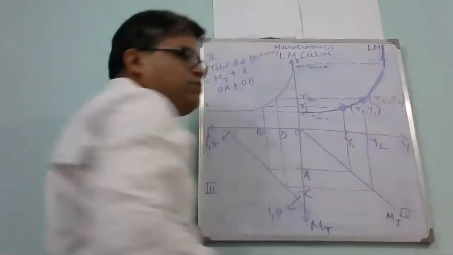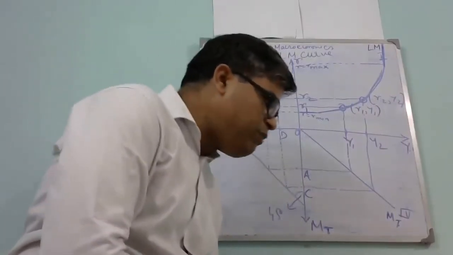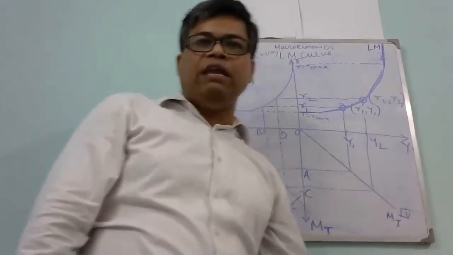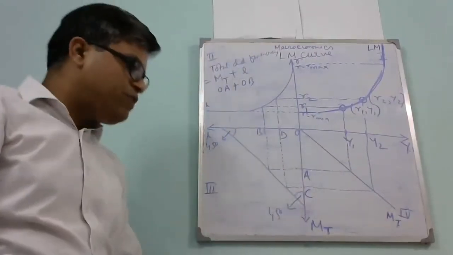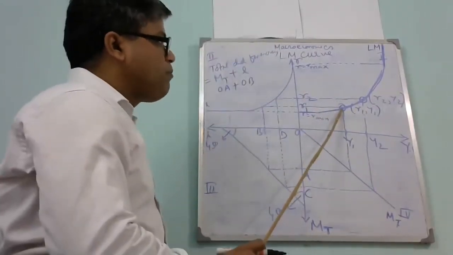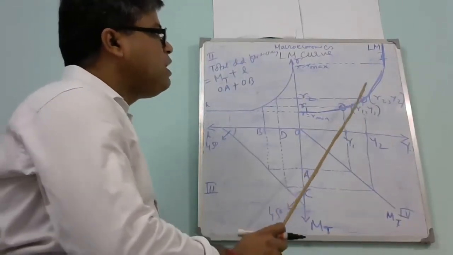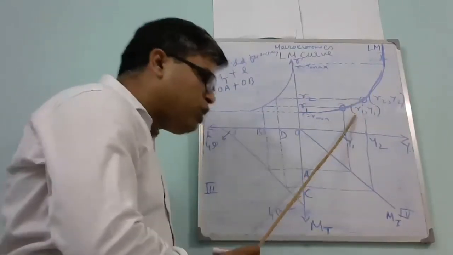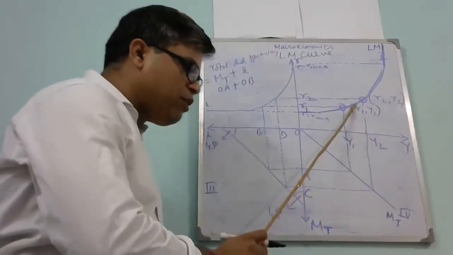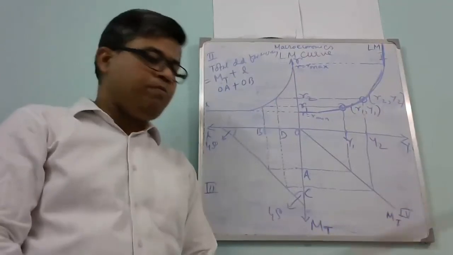Why these three shapes, I will describe in my next video. But for the time being, what is the definition of the LM curve? The LM curve is a locus of different combinations of national income and rate of interest, which keep the money market in equilibrium.